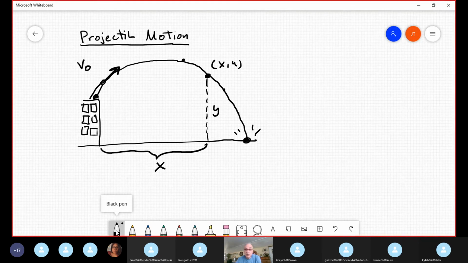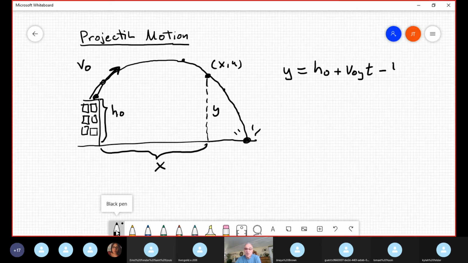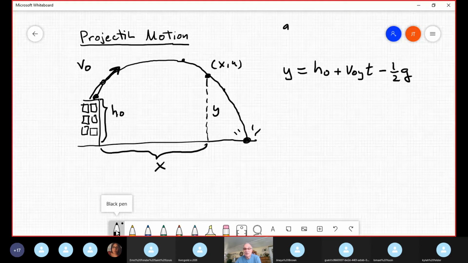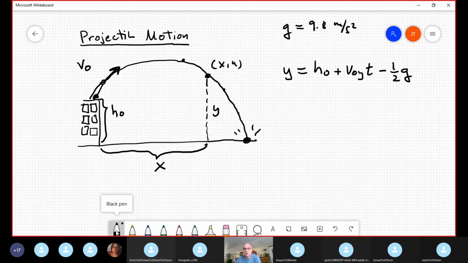No? And the equation is y equals h null, h null is the height of the building, h0, plus v0y t minus 1/2 g t squared, where the gravity on our planet is 9.8 meters per second squared. Actually, it's the parabola.